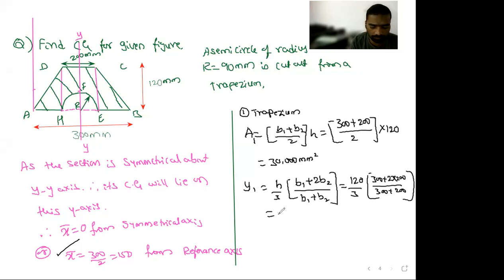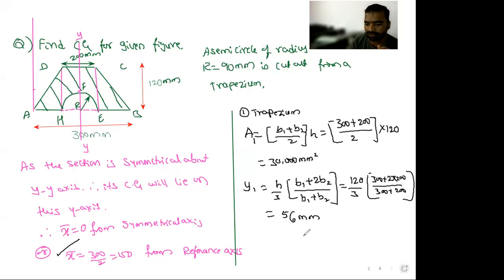Type 300 plus 2 into 200, that is correct. Divided by 500, into 120 by 300. So I am getting answer 56. Is it correct, everyone?